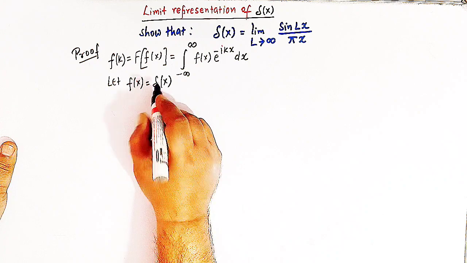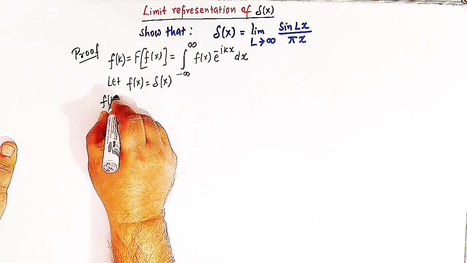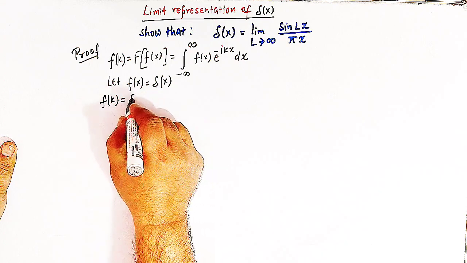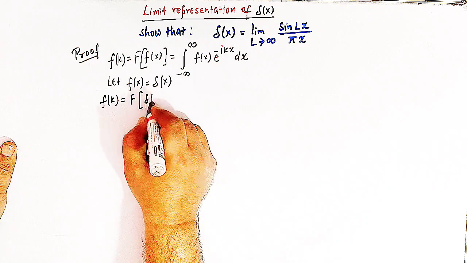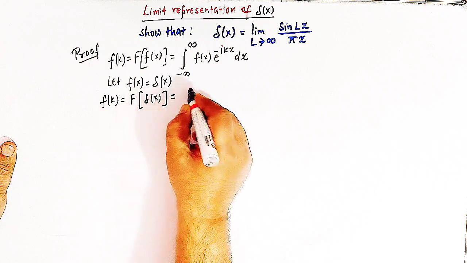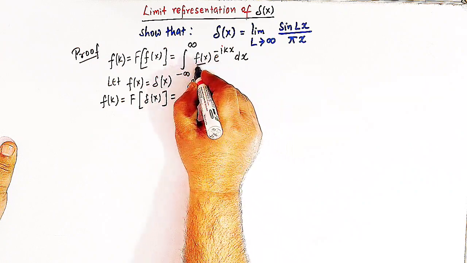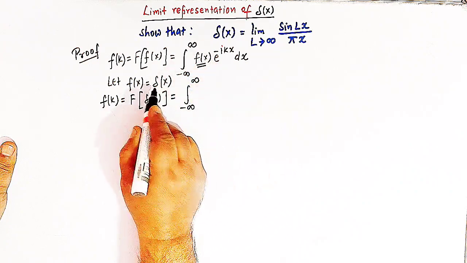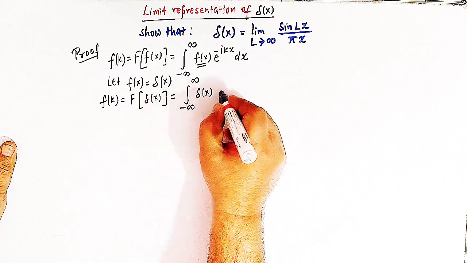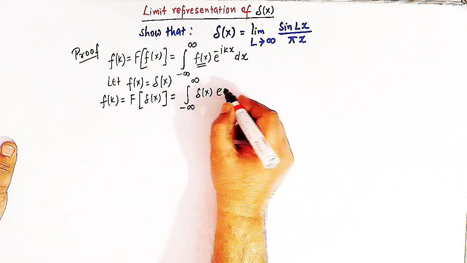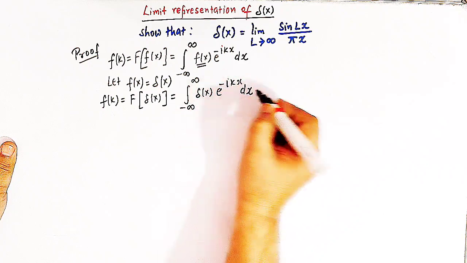So the Fourier transform of the delta function is now given by F(k), that is, the Fourier transform of delta(x), and here we have the integral from minus infinity to infinity, and for this f(x) we can replace it by the delta function, right? So we have delta(x) e raised to minus i k x dx, right?